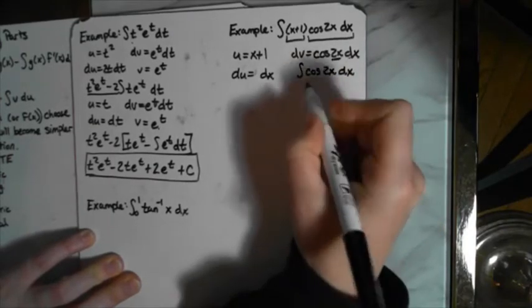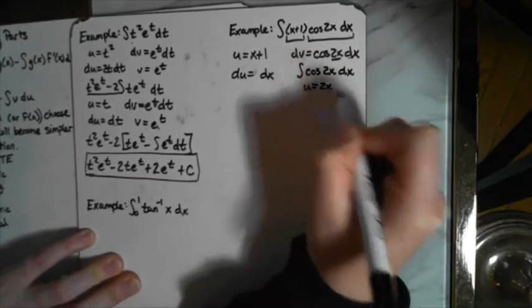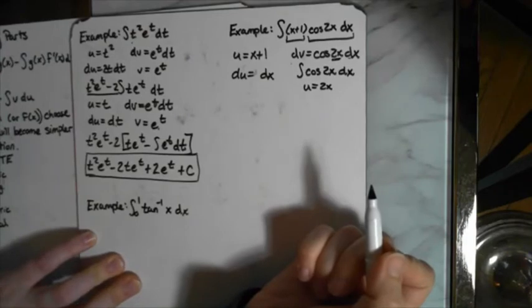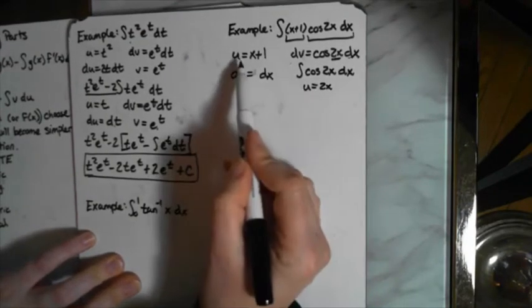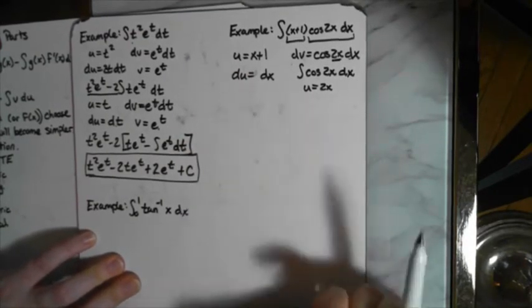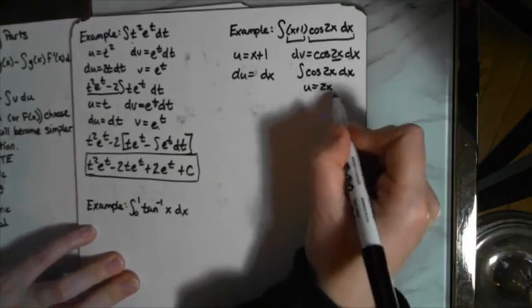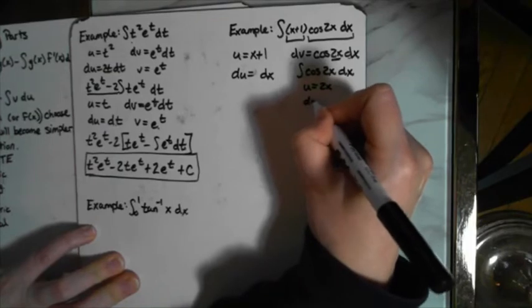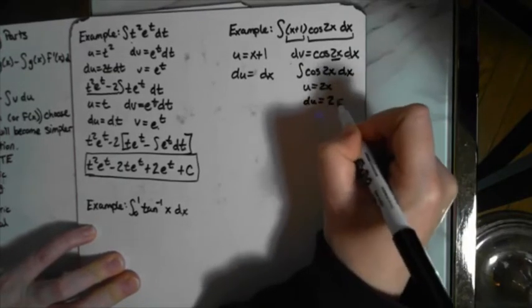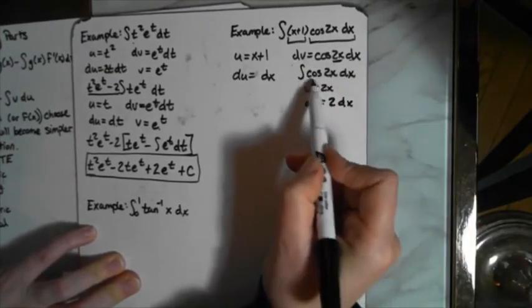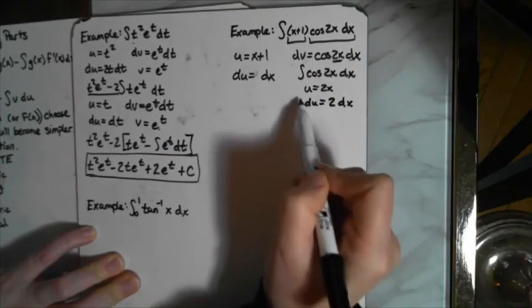I have to use u substitution, so u is 2x. And a lot of times I use a different variable for that because having a u here and a u there is just confusing. So you can use a different variable if you want. Call it w if you want. The derivative of this is 2 dx, but there is no 2 in my integral, so I have to divide by 2.